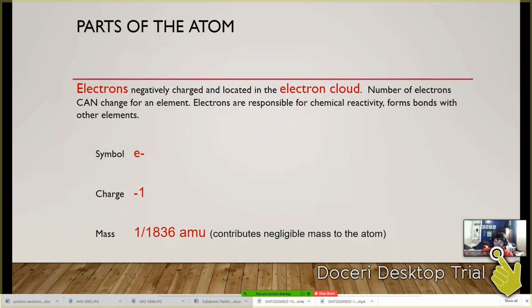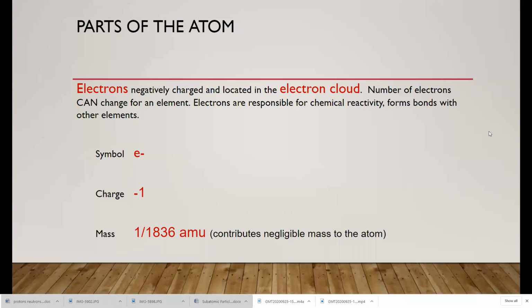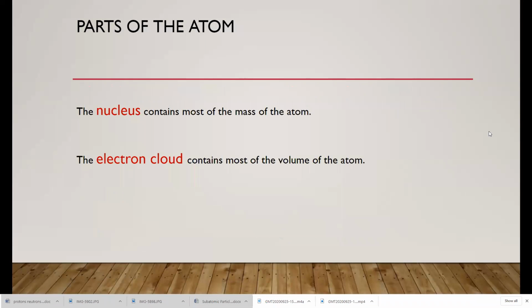It says that the number of electrons can change, and that's because atoms are neutral. Atoms, everything on the periodic table, but if an atom loses or gains electrons, it'll form an ion. And that is done sometimes because it increases the stability. So the nucleus contains most of the mass, and the electron cloud contains most of the volume.